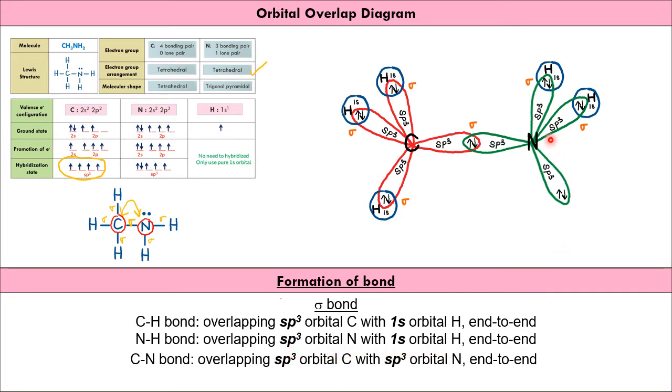Maksudnya this one, nitrogen dengan hydrogen dekat sini. And then lastly, the carbon-nitrogen bond, this one, carbon-nitrogen overlapping between sp3 carbon with sp3 nitrogen orbital.